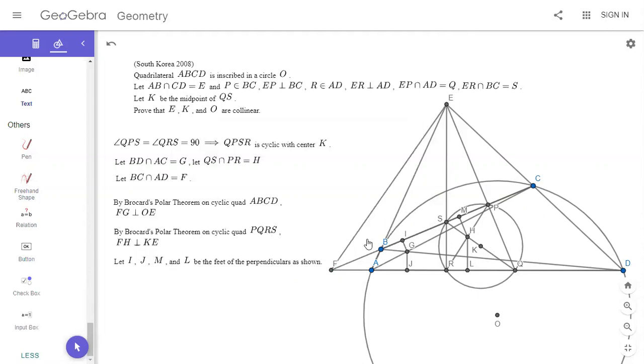And so, first of all, triangle GBC is similar to triangle GAD, and I corresponds to J.